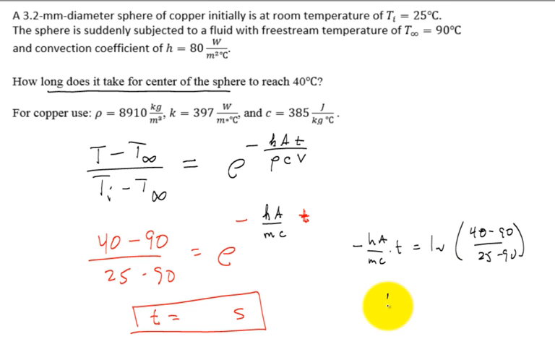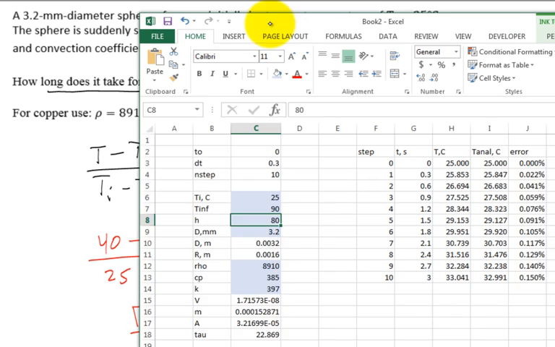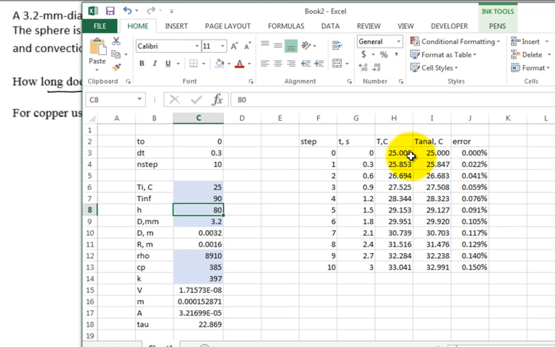And then t is equal to the minus MC divided by HA times the natural log of 40 minus 90 divided by 25 minus 90. For this problem, when we do that, that comes in right at 6 seconds. Now, what we have is we can input this, but we need to do our time steps such that we don't end at 3 seconds.